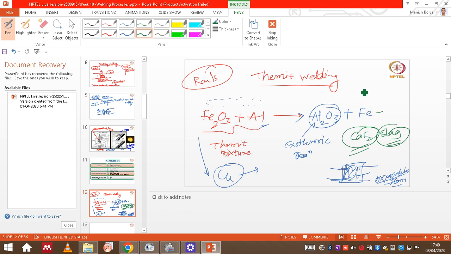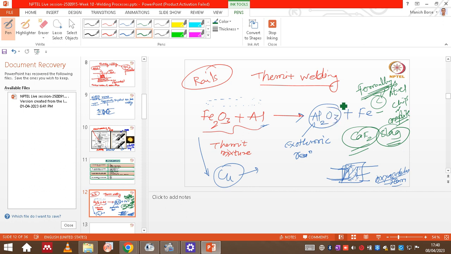And also we can add certain ferroalloys to have some desired properties in the final cast microstructure. And sometimes ferroalloys also contain carbon, and that will again harden the joint. Okay, so there are certain things, and for that addition of carbon, we generally use steel chips or even graphite as a carbon source, right?